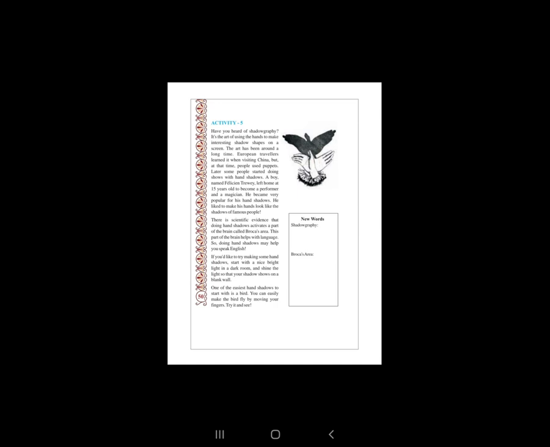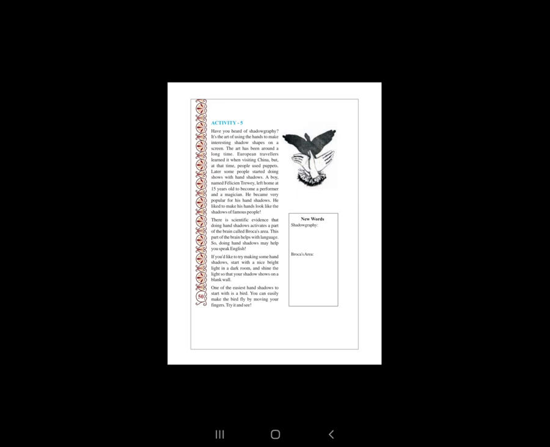First, shadowgraphy is, the answer will be option B, an art. Then second, in olden days people used puppets for shadowgraphy, option D. Then third, Felician Trewey left home at 15 years to become a, option D, both A and B, that is, performer or a magician.